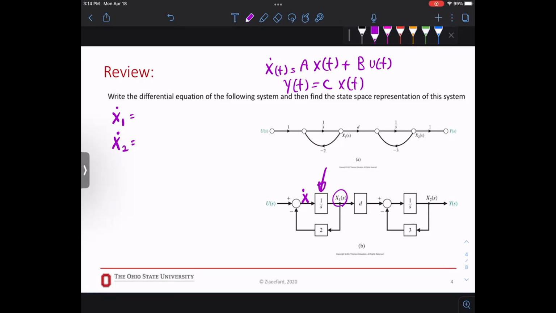So this is what we're trying to write, define. But first you have to write the differential equation.